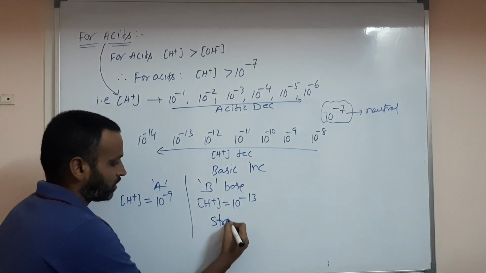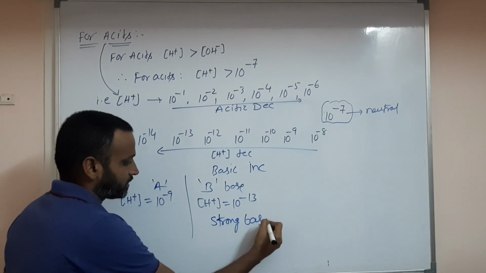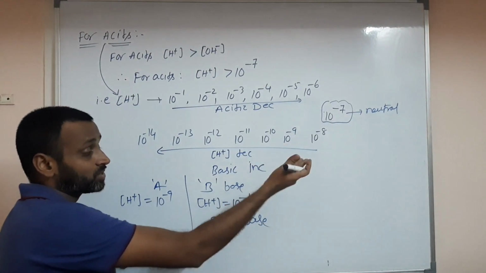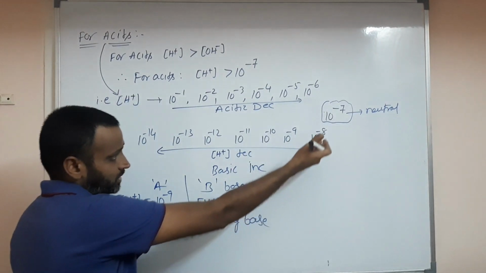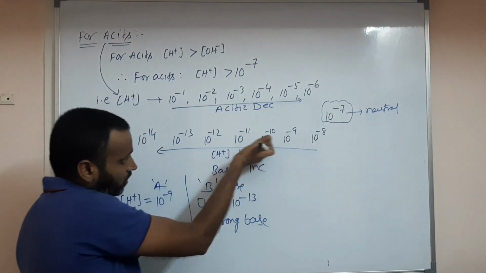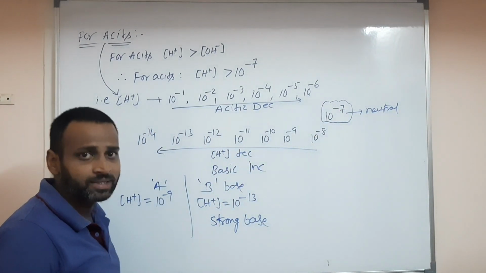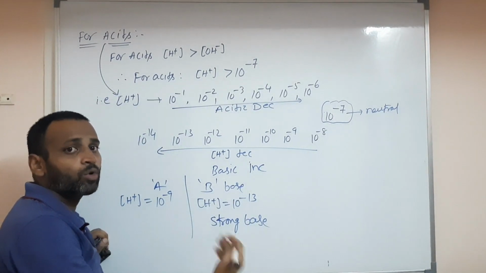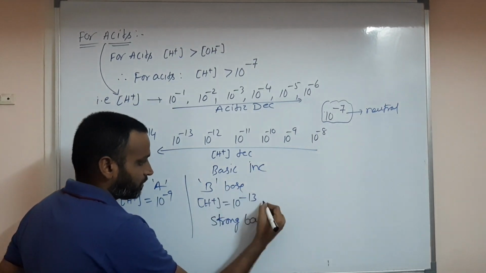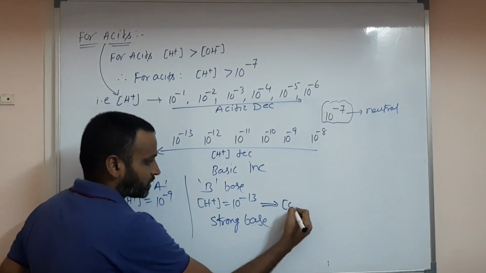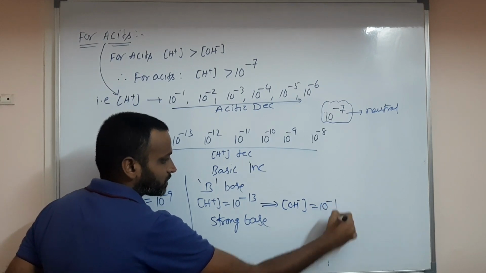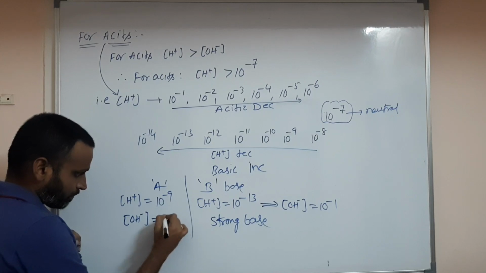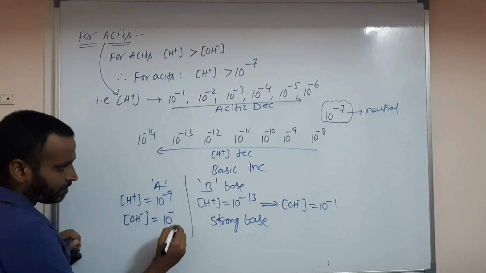Those with very little H plus concentration have more OH minus concentration. So for B, the OH minus concentration is 10 power minus 1, and for A, the OH minus concentration is 10 power minus 5.